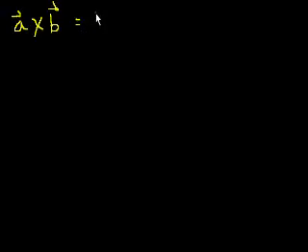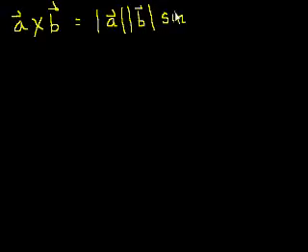It equals the magnitude of vector A times the magnitude of vector B times the sine of the angle between them, the smallest angle between them.